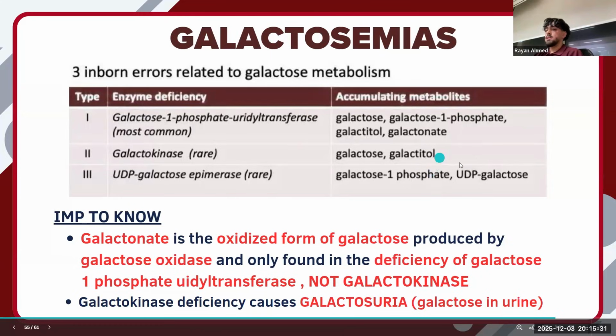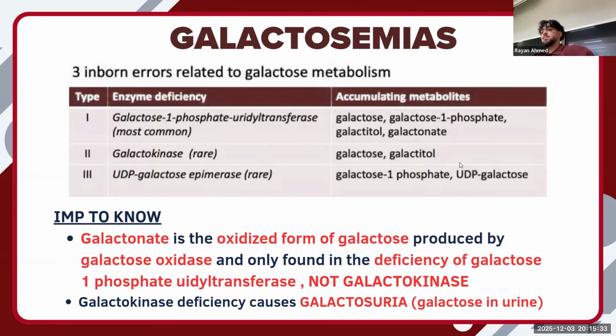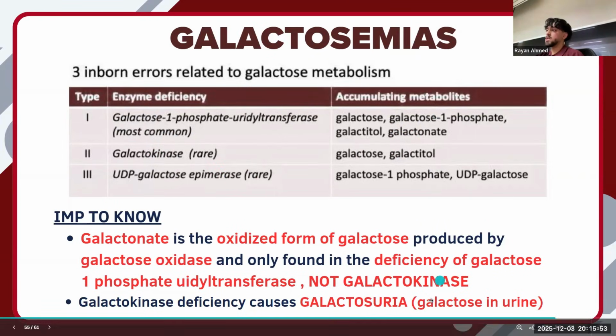Now I need you to remember the differentiating points between type 1 and type 2 enzyme deficiency. For type 1, we have galactonate being accumulated. And for galactokinase, we have galactosuria, which is galactose in urine.